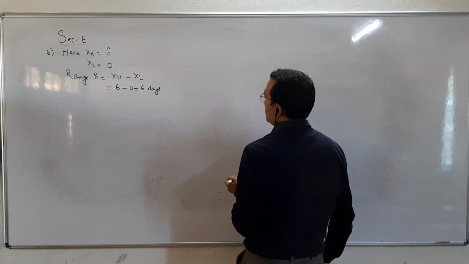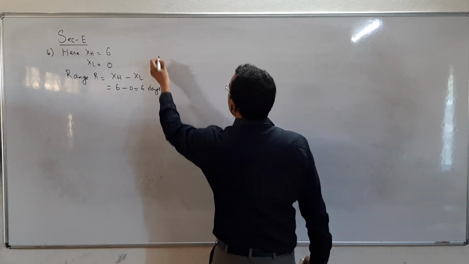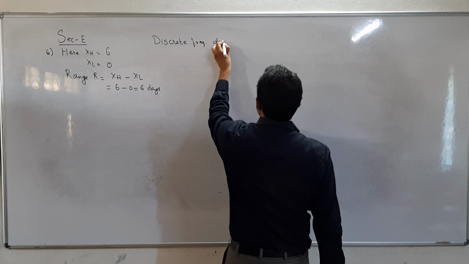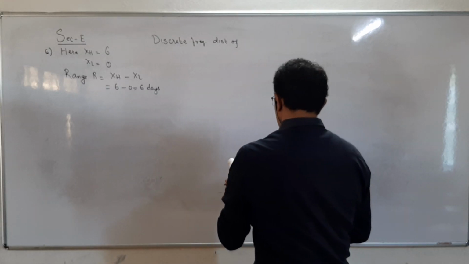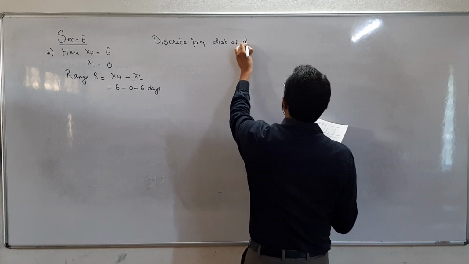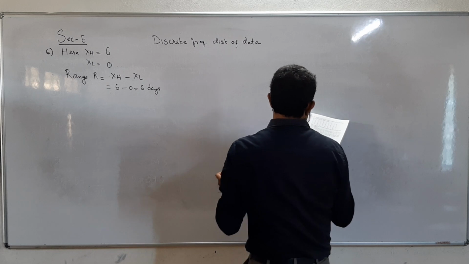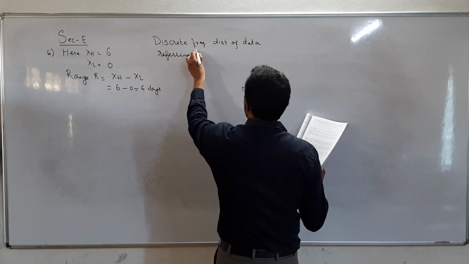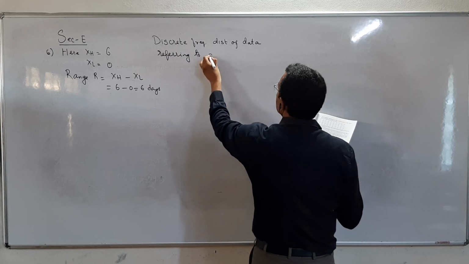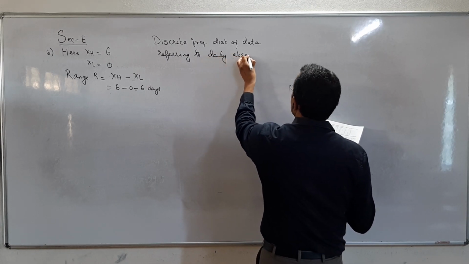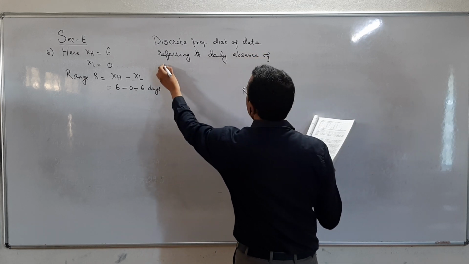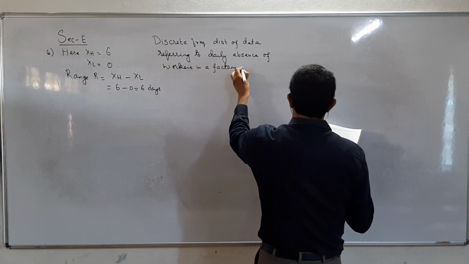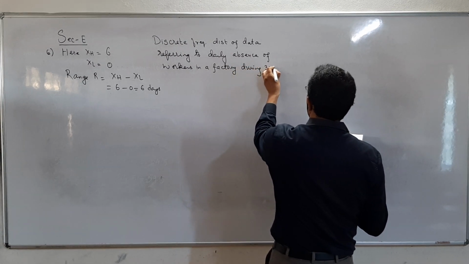So I am giving here the title. Let us write here: discrete frequency distribution of data referring to daily absence of workers in a factory during a month, means 30 days.